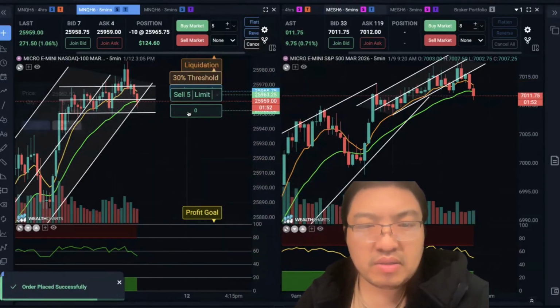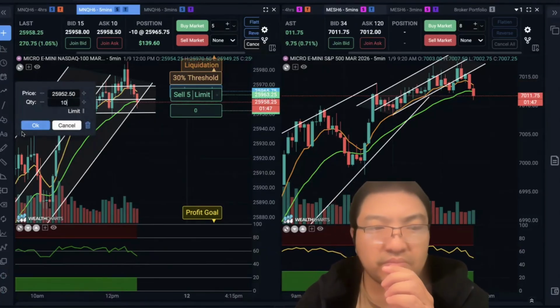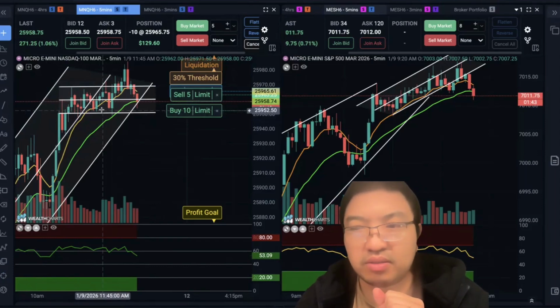Buy is like a 10. Oh, it got rejected here by EMA 21.